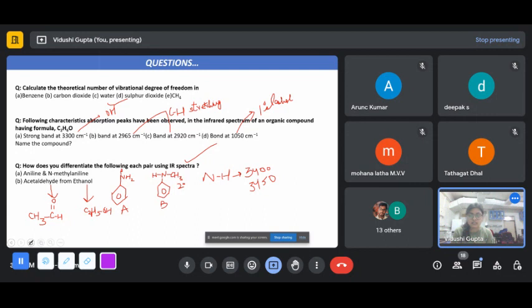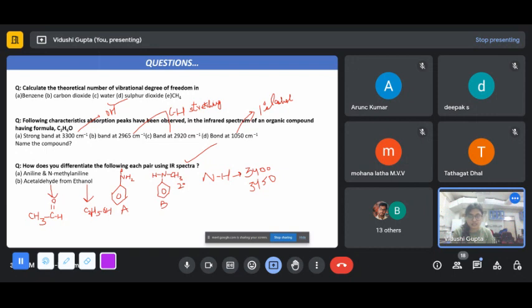You see in acetaldehyde there is C double O stretching. So what's the characteristic absorption peak of C double O? Where is it observed? For OH it will be 3300.